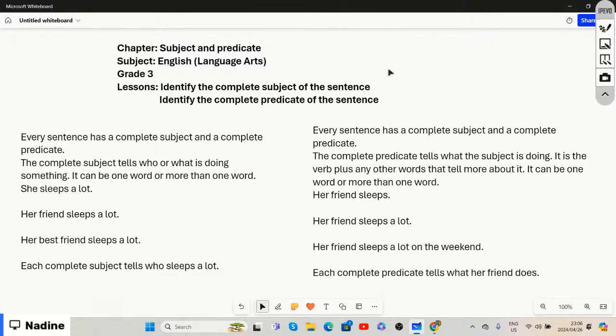All right, so we're doing subject and predicate. So every sentence has a complete subject and a complete predicate.